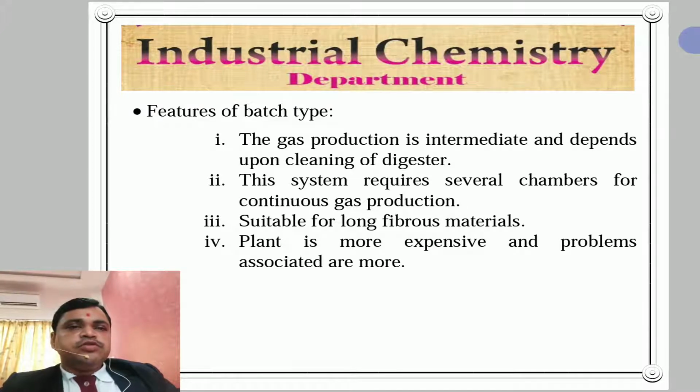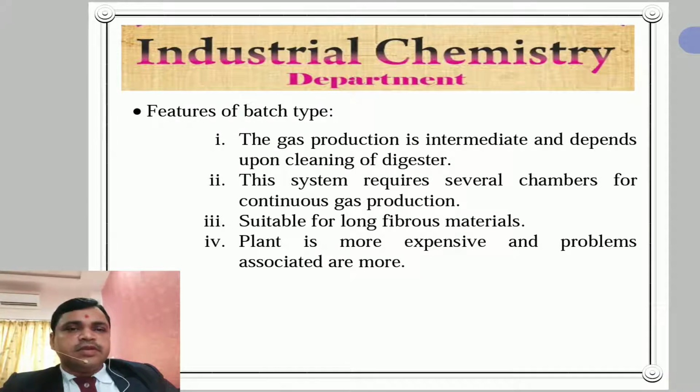Number 3, suitable for long fibrous material. Here, the gas production time is 40 to 50 days, so long fibrous material is also converted into small chain materials. While the continuous type is not suitable for long fibrous material, this batch type of biogas plant is suitable for long fibrous material.